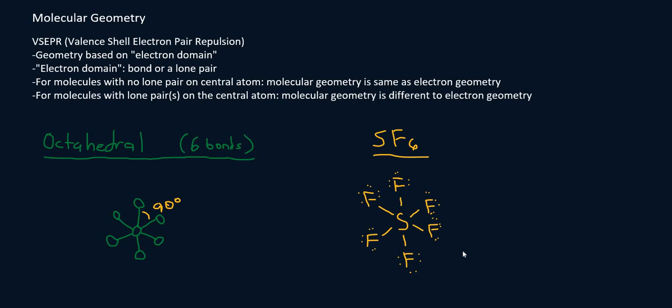For some reason, sulfur and phosphorus really love making 5 and 6 bonds with halogens, particularly fluorine. So SF6 is a really good example of that, where you have these 6 fluorines bonded to this central sulfur, and you can see this octahedral geometry with those 90-degree angles all the way around. And like I said, this is as big as they come in terms of number of bonds you can put on that central atom.